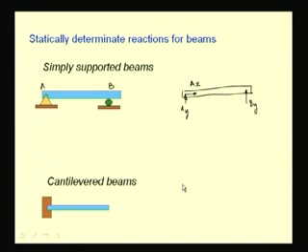Here we see what we call cantilevered beams, or beams which are embedded into walls at one of their ends. So, let us draw the free body diagram for this beam. Let us designate this point as A. At A, since all degrees of freedom are arrested, we have the two components of force AY and AX, as well as a moment reaction.